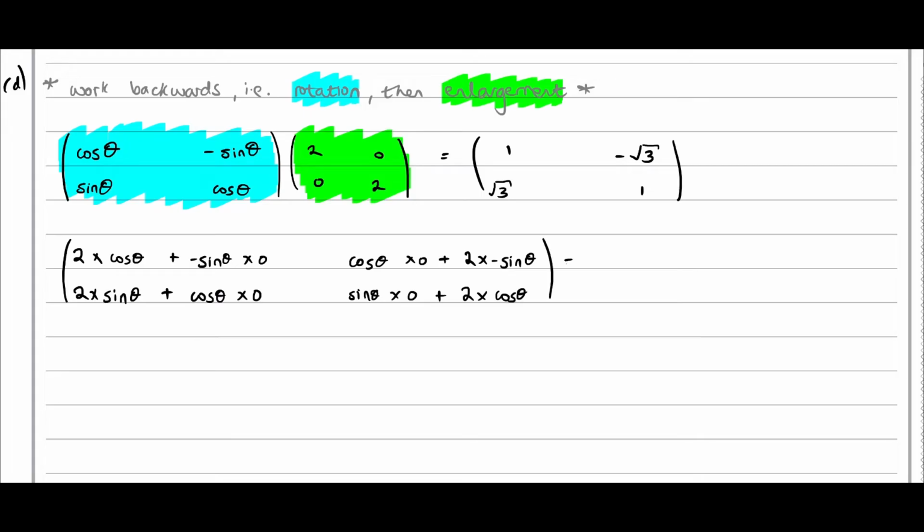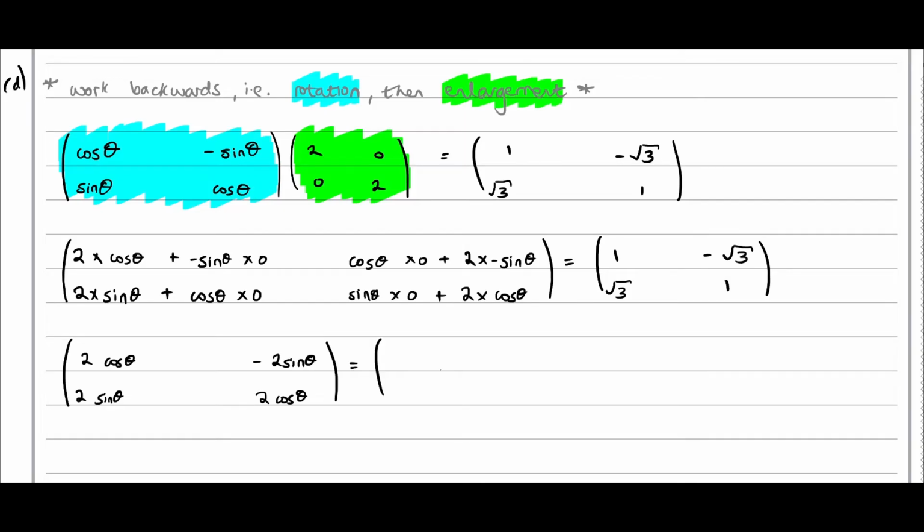And if we simplify all this, we end up with 2 cos theta, minus 2 sine theta, 2 sine theta, 2 cos theta equals 1, minus root 3, and 1.